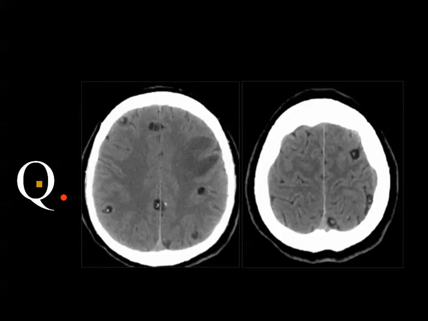Axial CT scan of the brain with contrast injection showing what? Multiple small cystic lesions scattered throughout the brain parenchyma with characteristic central dot sign, or a cyst with a dot sign, which is classic for cysticercosis.